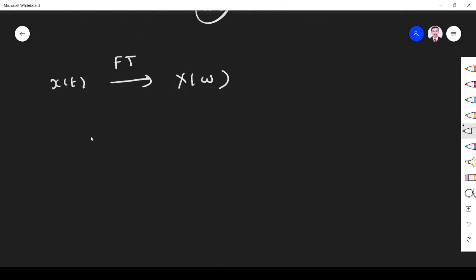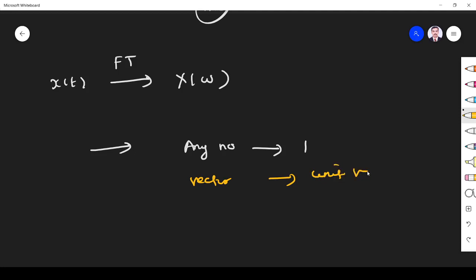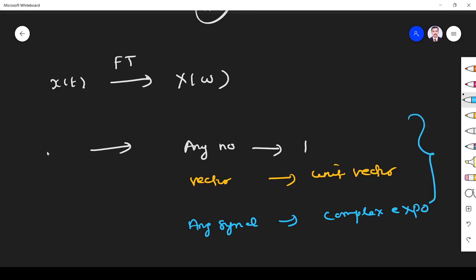So, like any number can be represented by 1, any vector can be represented by unit vectors, right? Any signal can be represented by complex exponentials. What is the commonality among all these things?